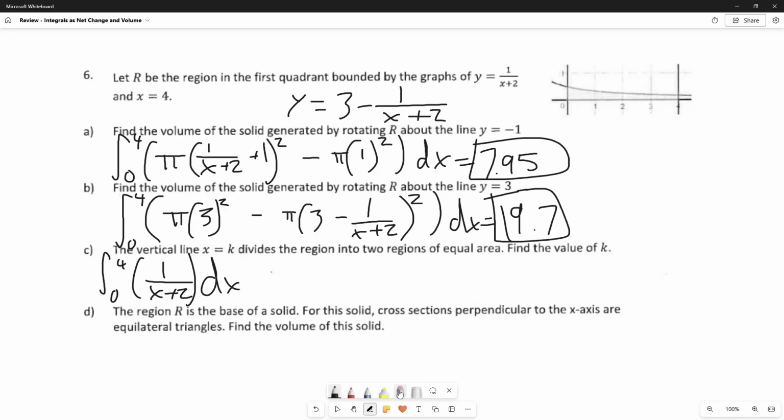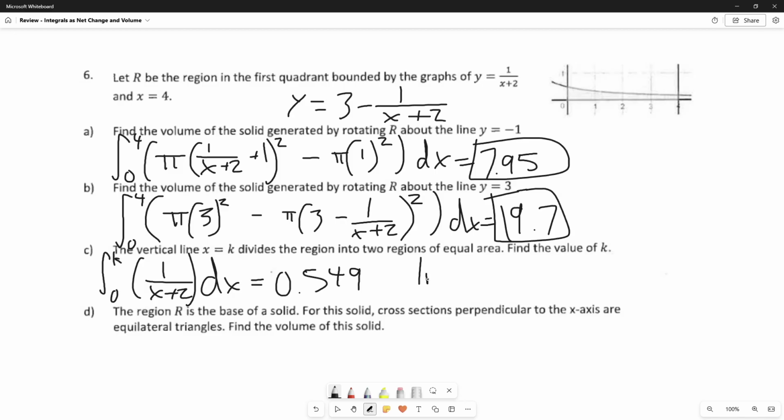So now we can say the integral from 0 to some value b of this is equal to 0.549. And we need to find this value b, or this value k actually, because that's where the vertical line should be. So now we can use the fundamental theorem of calculus. First, integrate this 1 over x plus 2.